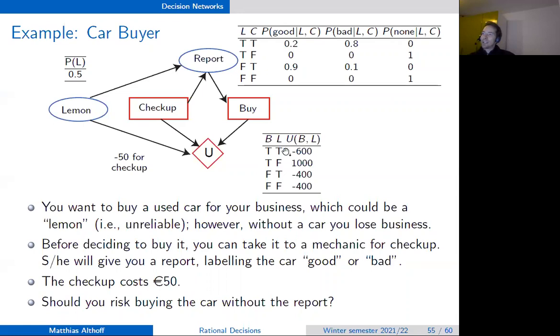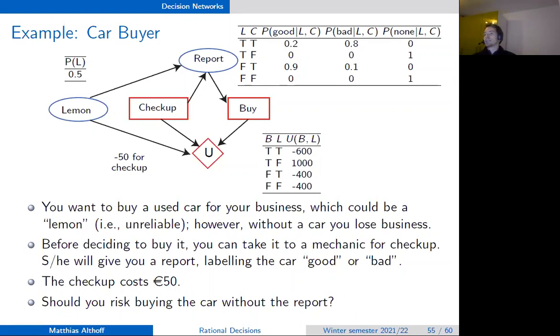And even if you buy a bad car, the negative utility is not much worse than not buying a car at all. And if you buy a good car, it's really very high. So because of this mechanics, it's better.